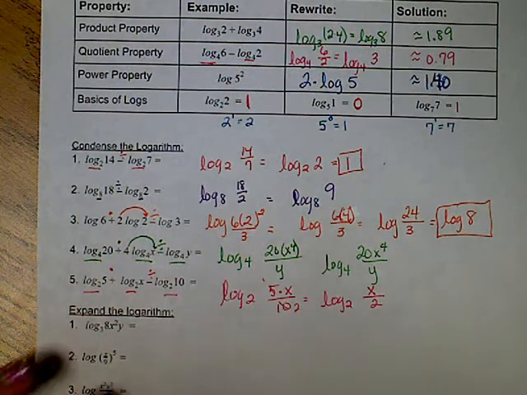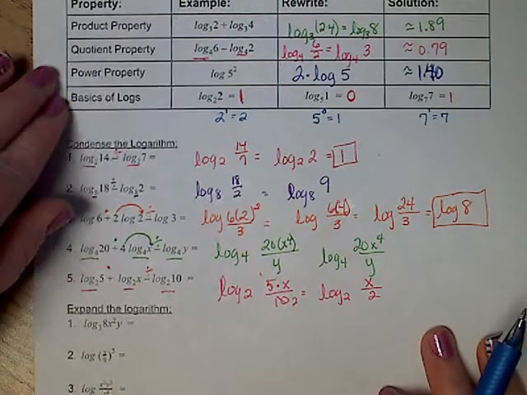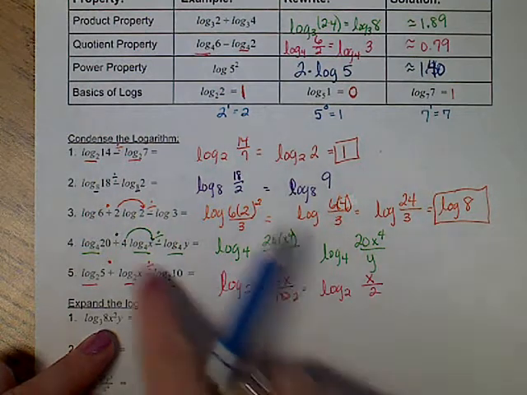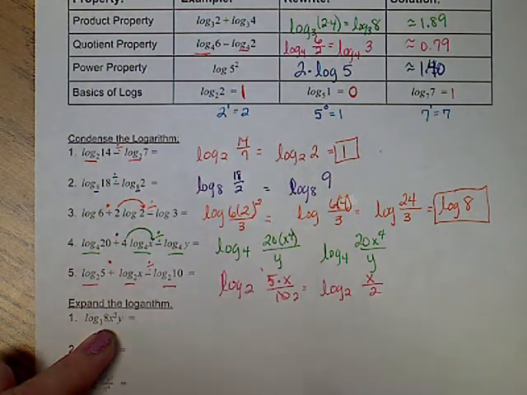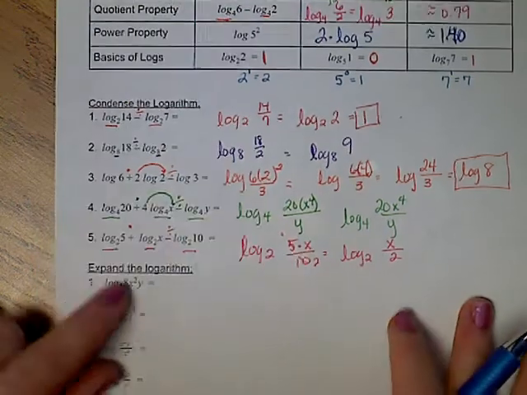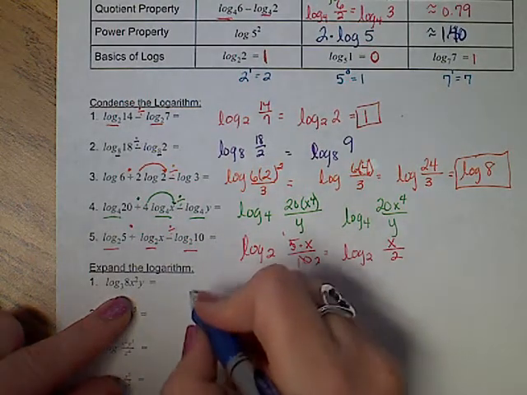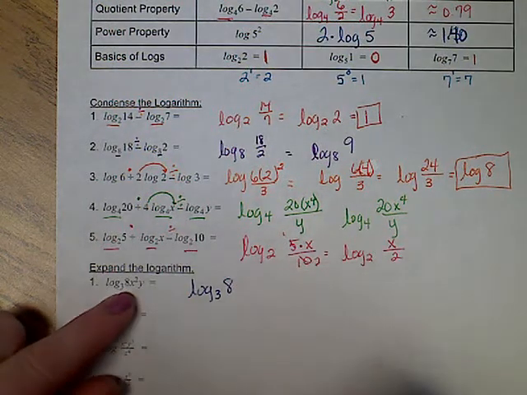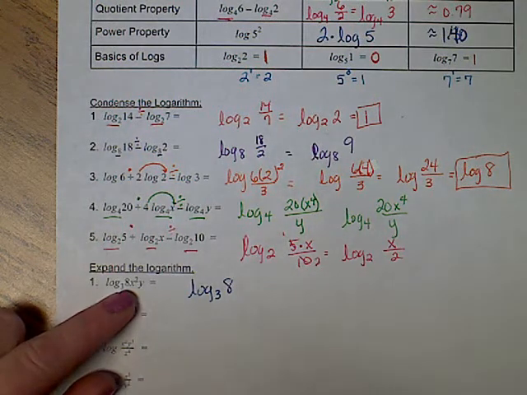Okay? What about expanding them? We're still using the rules, and they've written it simplified for you, and you're going to write it out like this. So on my first one, I have log base 3 of 8. Now they're times. 8 is times.